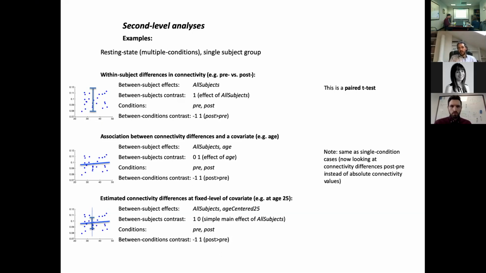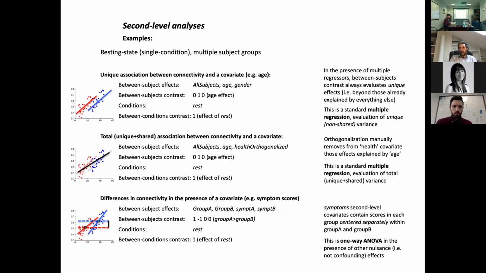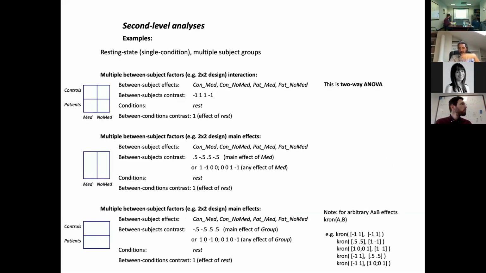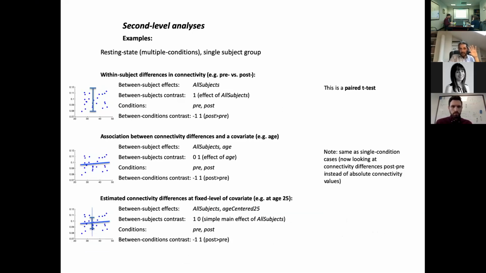On top of whatever answer you give to that, you could say that I care about correlation with age, or that I care about the difference between the groups when controlling for age. You can answer that in all of the different ways available in these multiple factorial designs across subjects. All of those work exactly the same. You can still apply the same models. You only have to specify, in addition, what you care about within subjects.